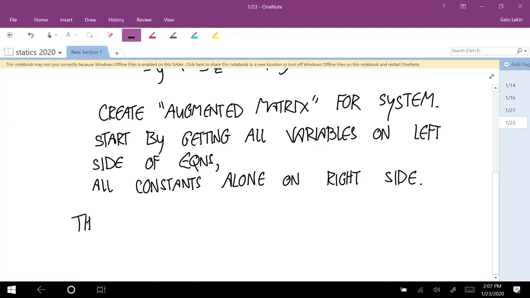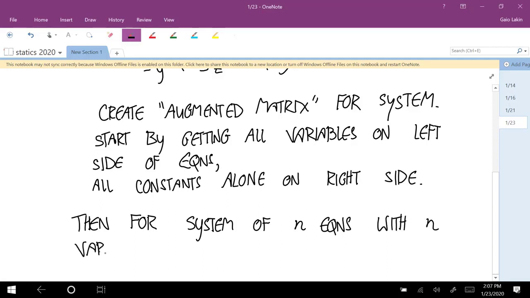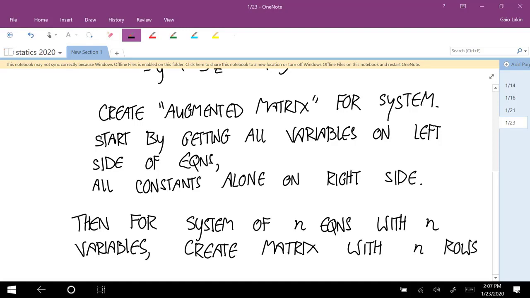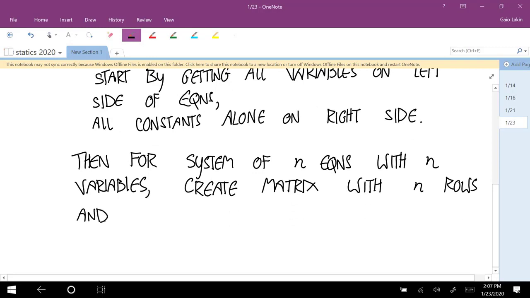Then for a system of n equations with n variables, create a matrix with n rows and n plus 1 columns.